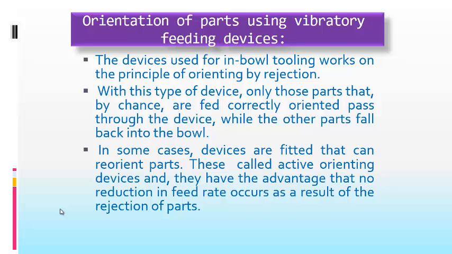But if that is not acceptable for the workhead, and we want to improve this percentage of acceptance, we put a device on the feeder which will reorient some of those natural aspects of the part into an orientation which is acceptable, and they will pass. This will actually improve the economics of the feeder.